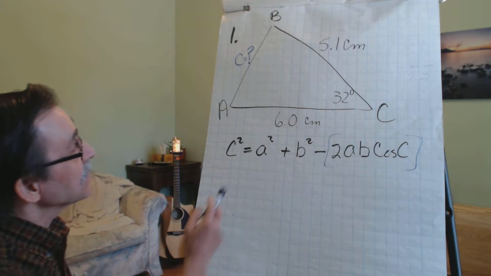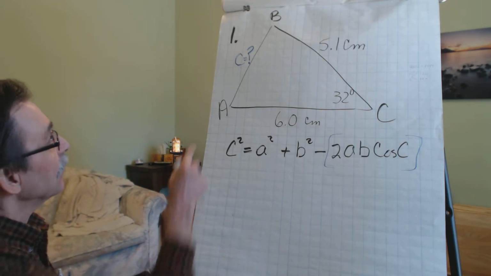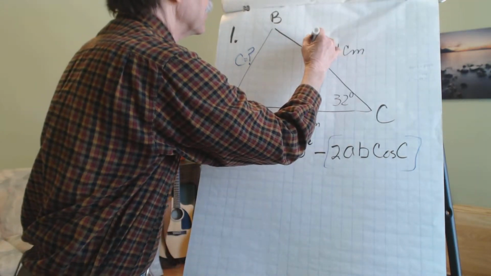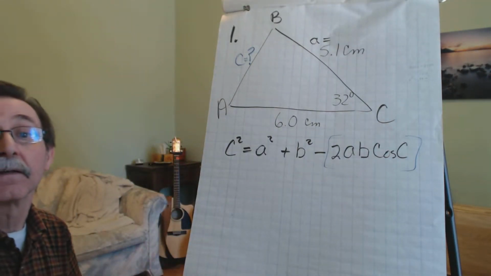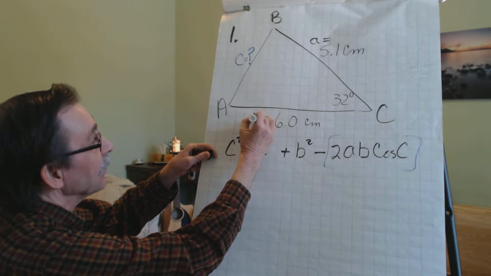So let's go. What is a in this case? Well, there's capital A, so this must be little a up here, and this must be little b down there.